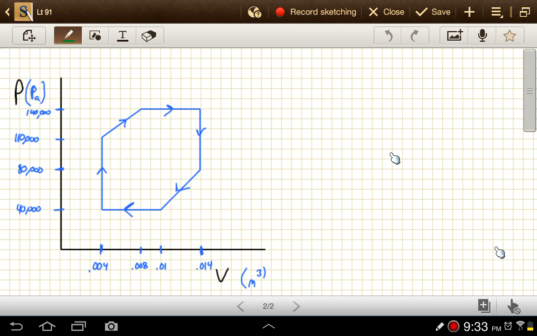We can tell right at the beginning because we have the area bounded by the curve in the expansion direction higher up than the compression direction. To figure out the area, I'm just going to break this up into pieces for which I know area equations. You can break that up however you want to. Try to keep it as simple as possible.